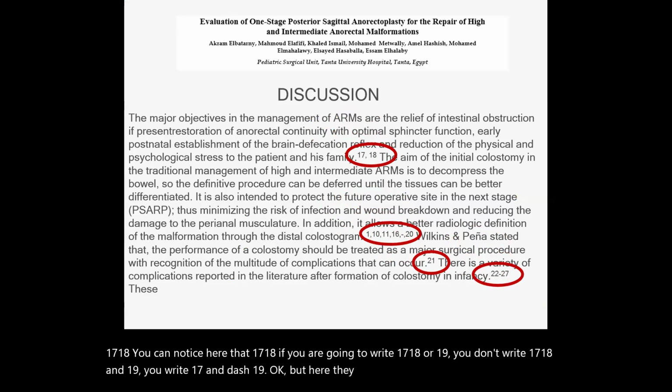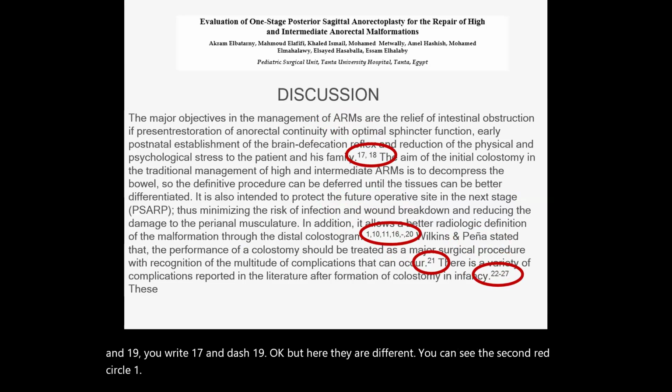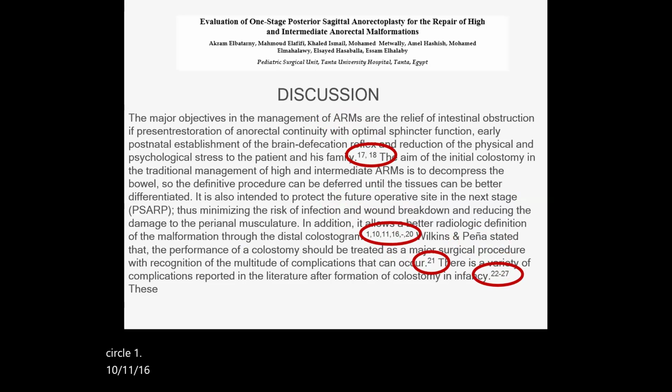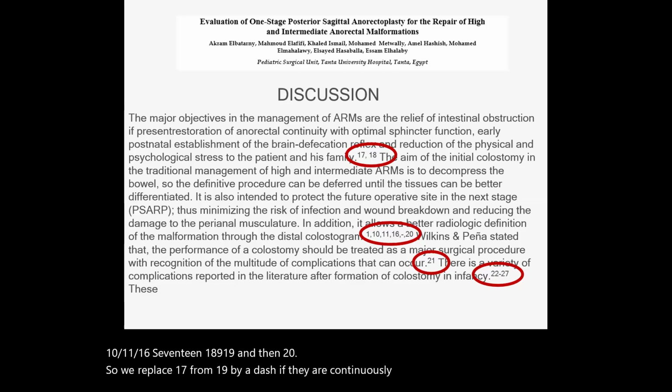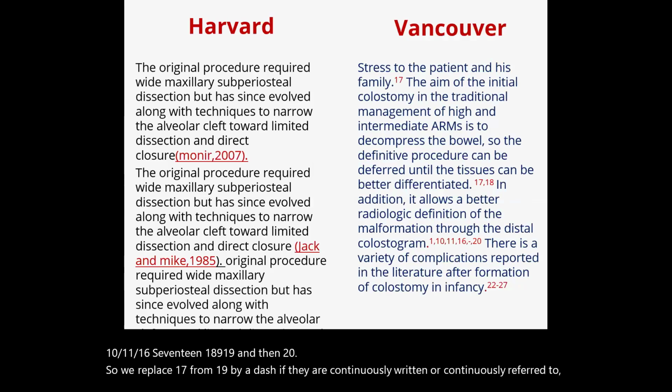You can see the second red circle: 1, 10, 11, 16, then dash 20, which means 1, 10, 11, 16, 17, 18, 19, and then 20. So we replace the numbers with a dash if they are continuously referred to. Okay, so these are the ways to write the reference.